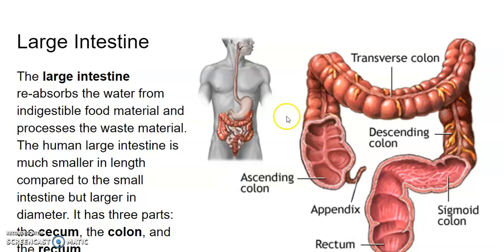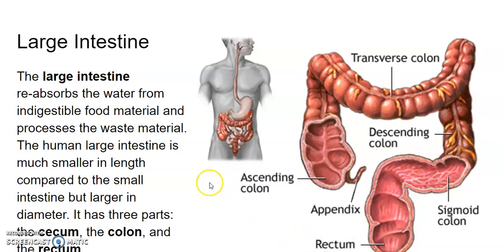And so your large intestine here starts right here. Your small intestine empties into this point right here, and then your large intestine comes up, around, down, around, and out of your body. All right, it is where the actual waste of the body is created. Your large intestine exists in three parts: the cecum, the colon, and then the rectum, which gets rid of it.